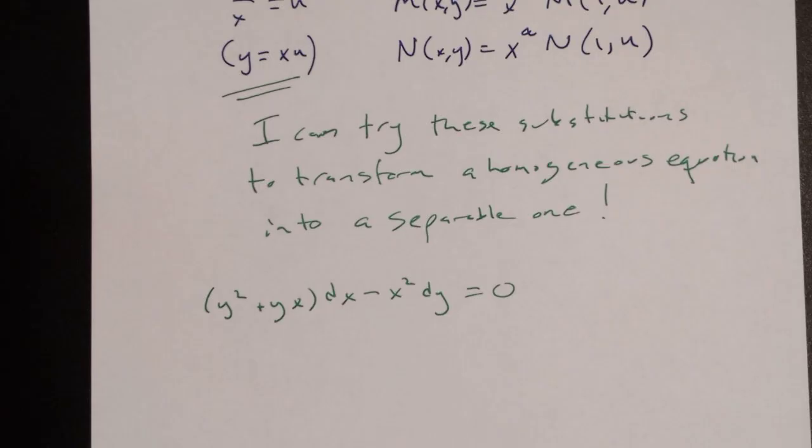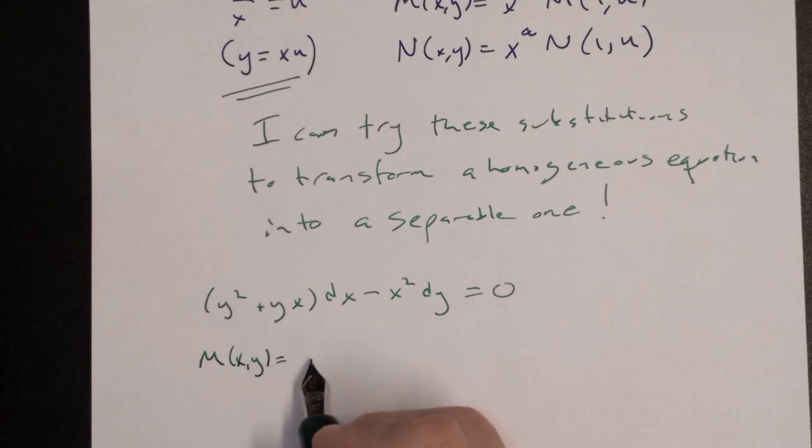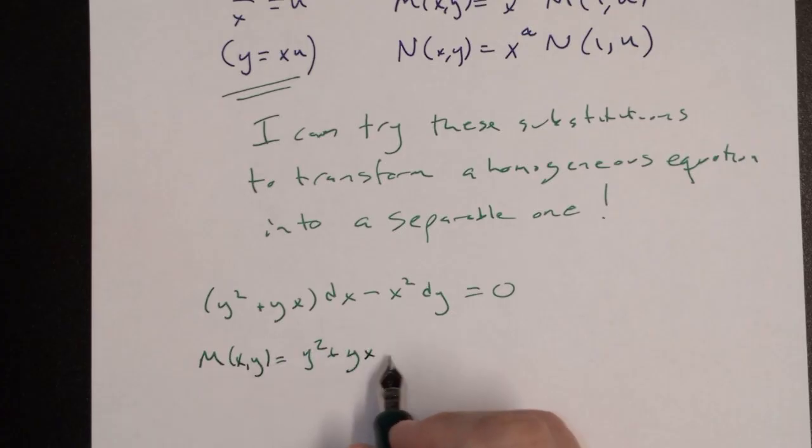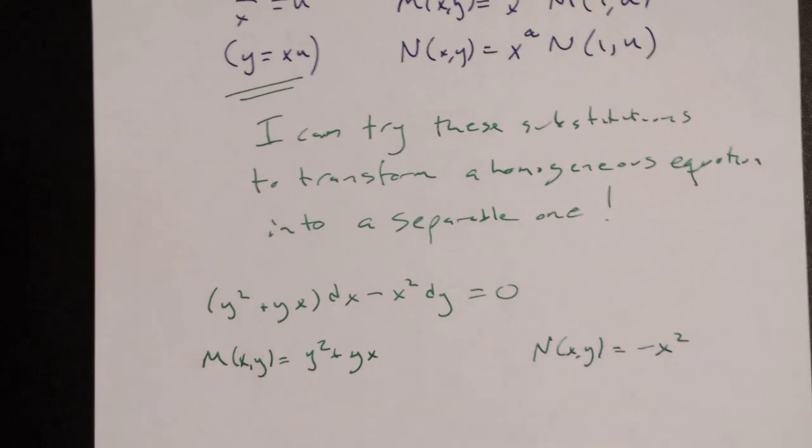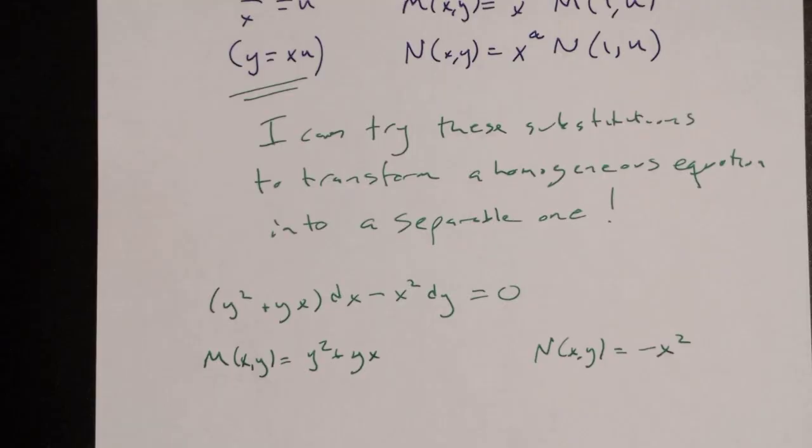But Cody, what you said is you said this is M. And this is N. Are these functions homogeneous? If you put tx and ty in there instead of x and y, and you pull out a power of t, it's the same power for both of them.